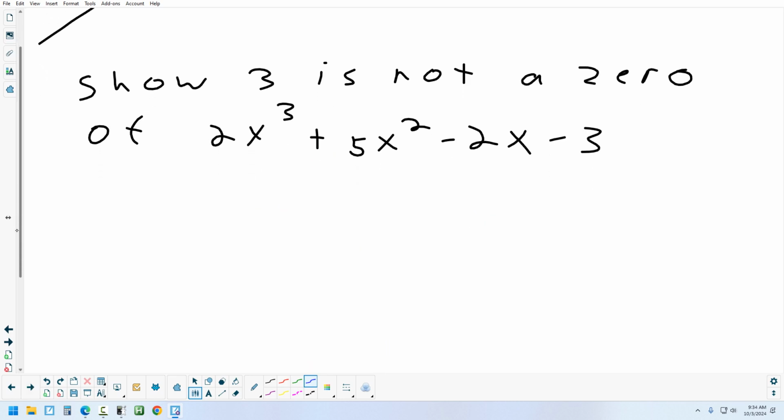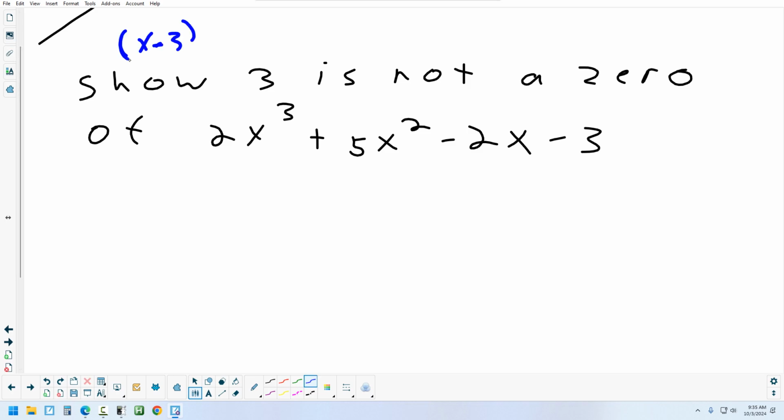I want to show here, and I'm going to use synthetic division. There are other ways to do it. Show that 3 is not a 0. So think of what that 3 would have come from. If you got 3 as a root, it would have come from x minus 3.